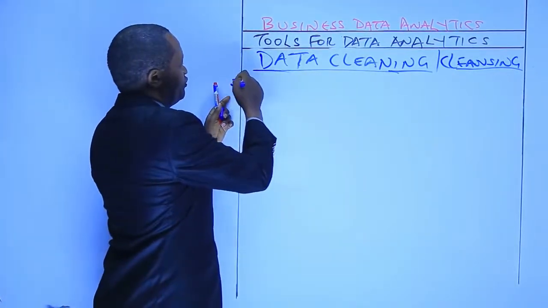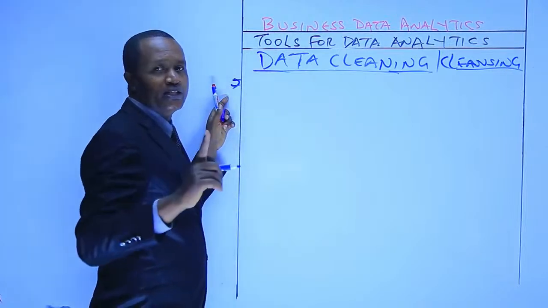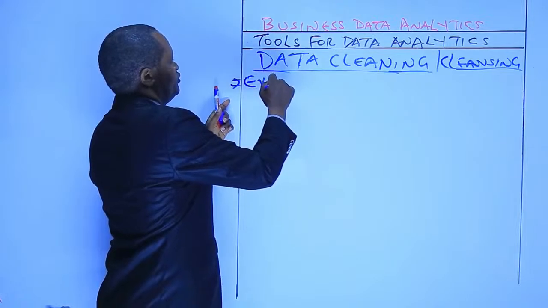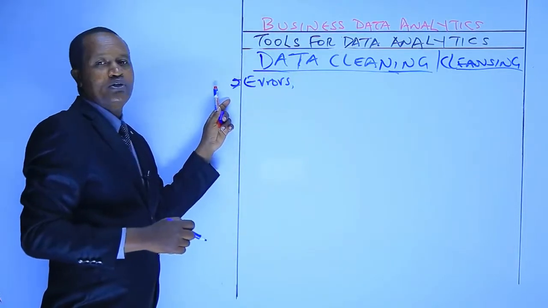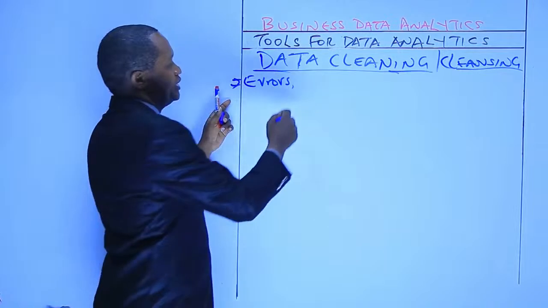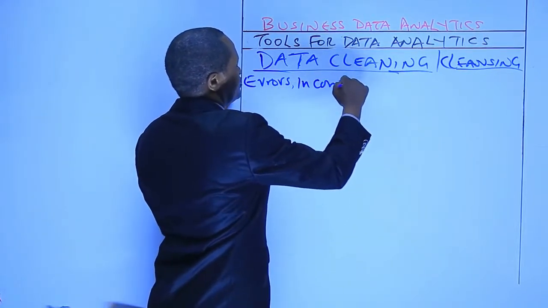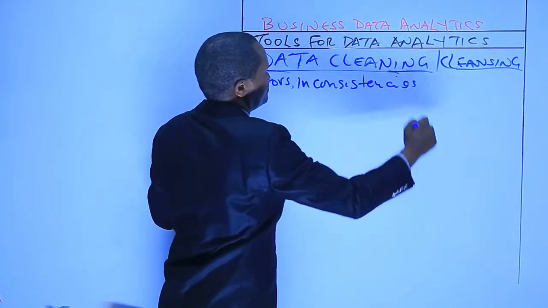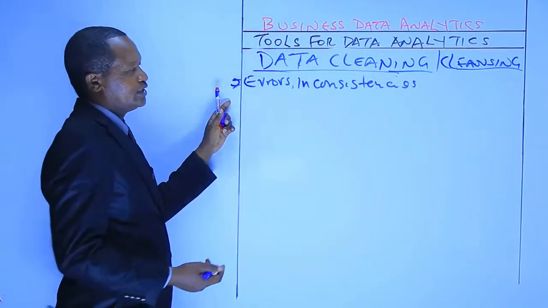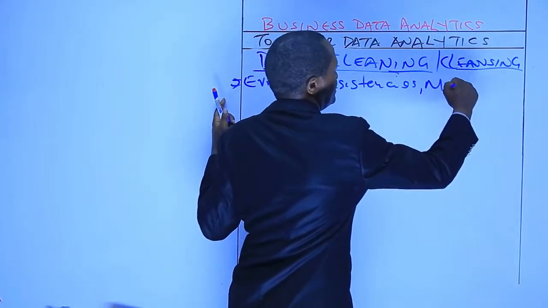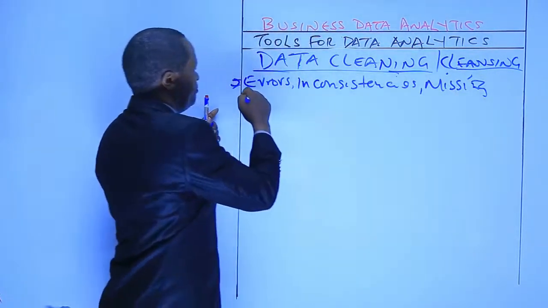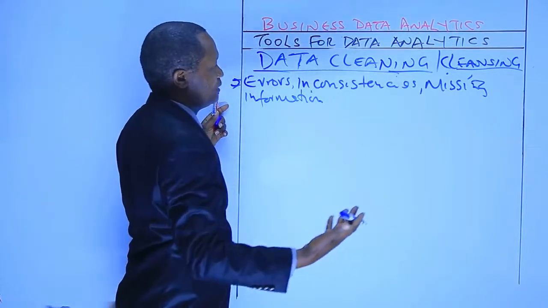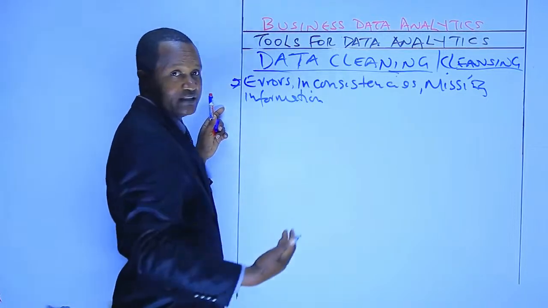So it is the process of removing errors. It may also involve doing away with inconsistencies. Sometimes it could be dealing with the missing figures, missing information. Where data is not complete, there could be a process of completing it.